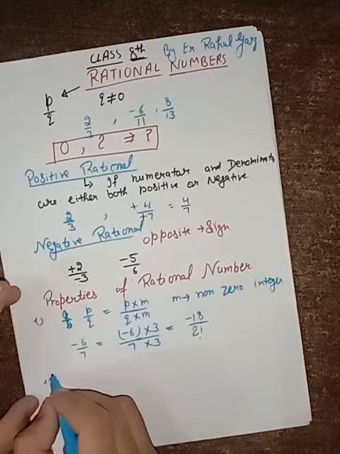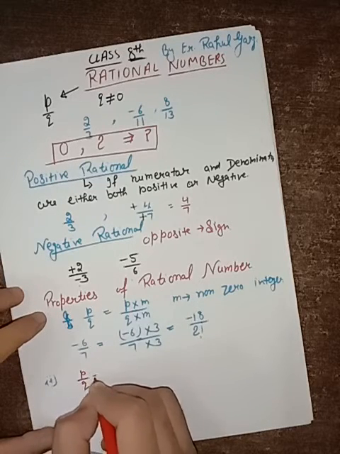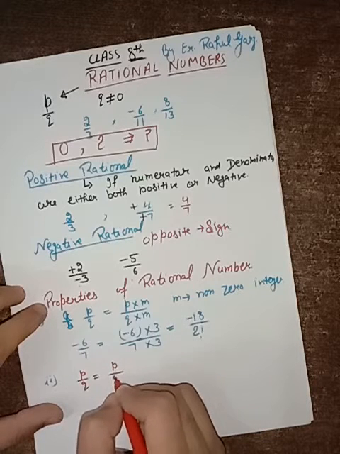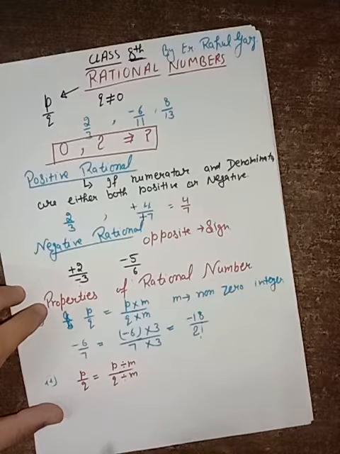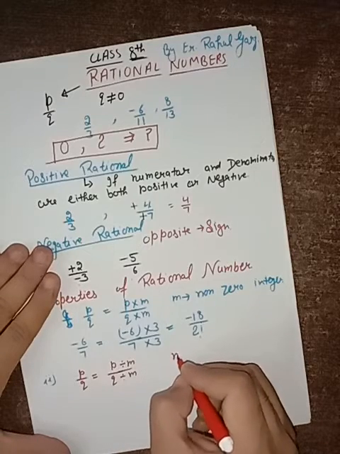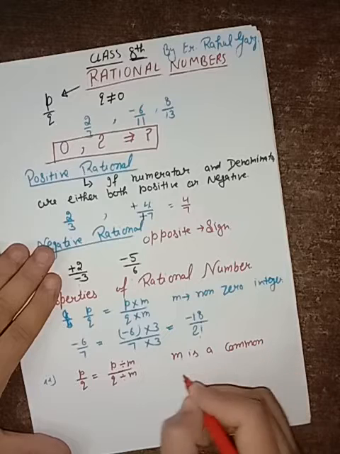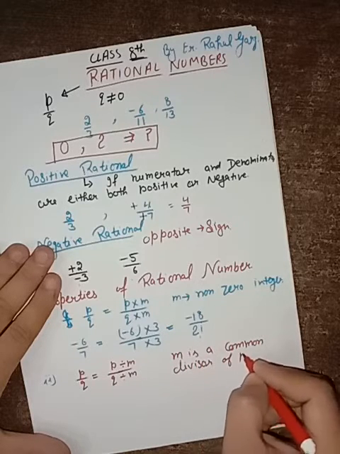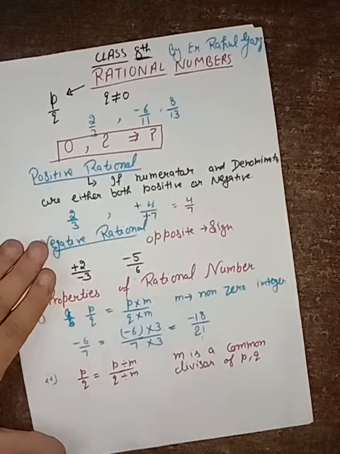Our second property: a by b, means p by q equals p divided by m over q divided by m, dividing both numerator and denominator, where m is a common divisor of p and q. Now, how?